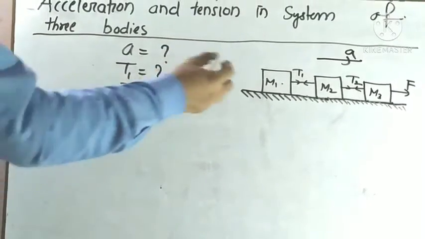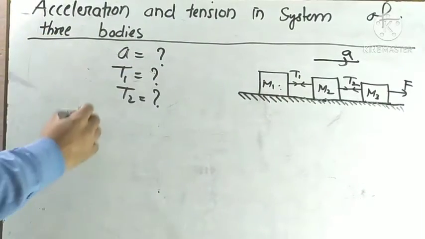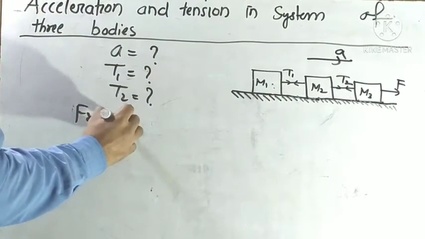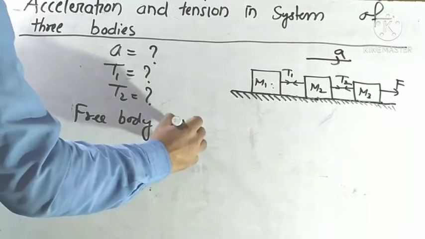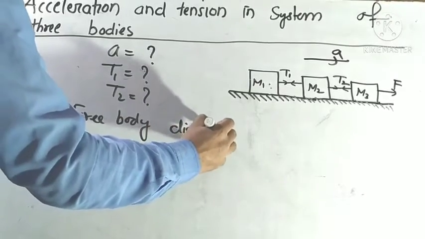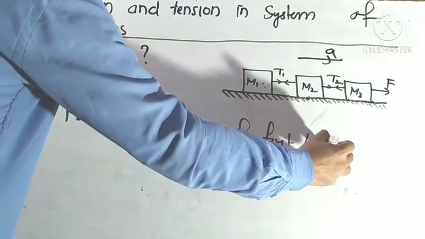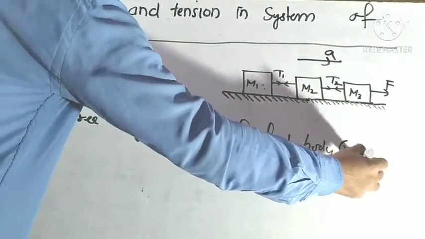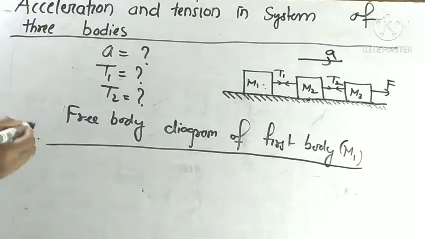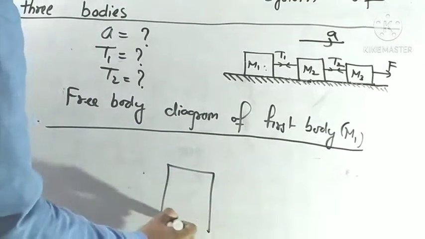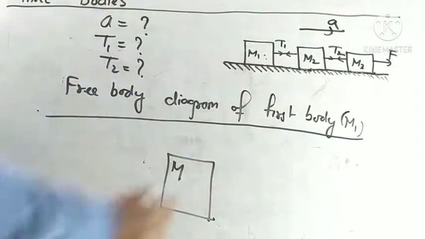Firstly we look at the free body diagram of the first body having mass m1. How many forces are working on this body?